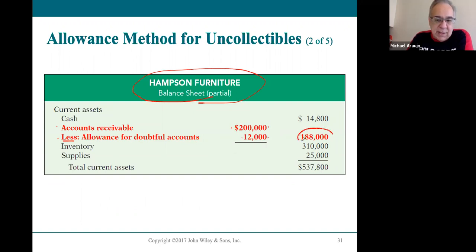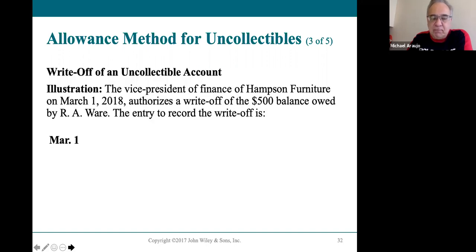And so this $188,000 is the net realizable value of receivables. And that's how they do it. That's how they make sure that the accounts receivable number on their balance sheet is not overstated. Okay, that's something. So this allowance method works for them.